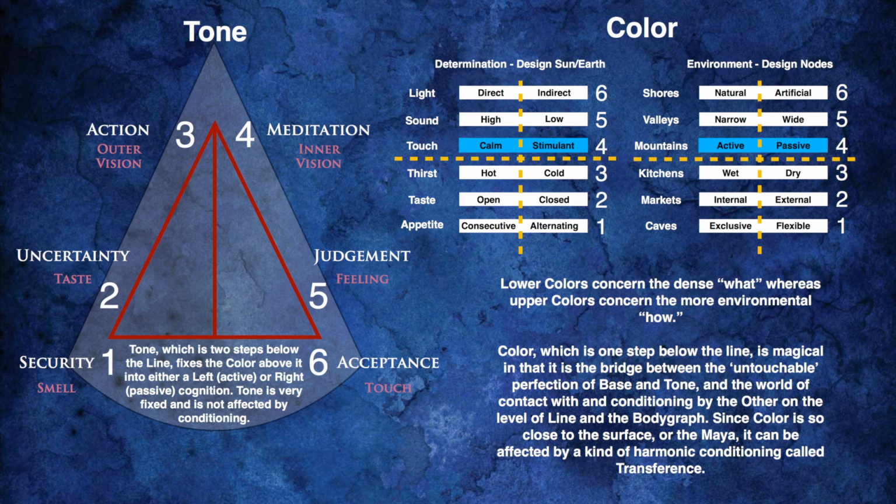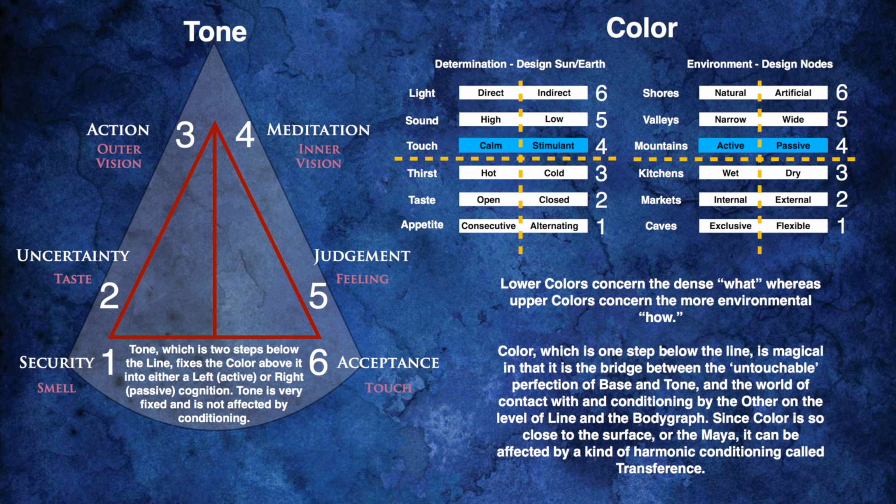Lower colors may be able to experience that rightness in a more one thing at a time kind of way. Sort of like with the first color. If a first color has a right fixing tone underneath it, it can alternate with its appreciation of things in particular. But when we get to upper colors, those right fixing tones have a lot to do with a lot of things going on at once.